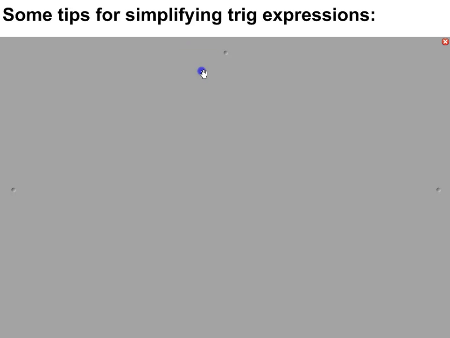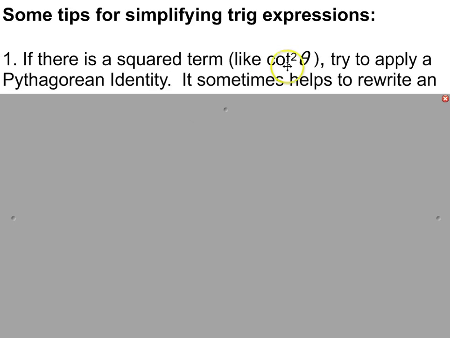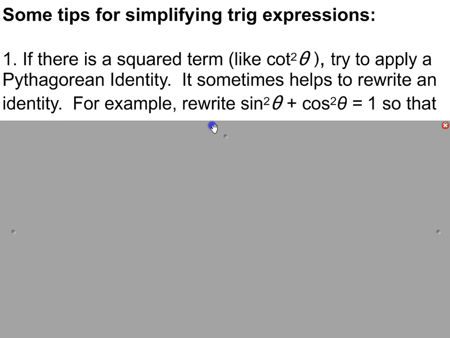First one, if you have a squared term, like say cotangent squared theta, you should think about using a Pythagorean identity. I'll give you some examples of this, but just write this in your notes. In other words, if you see a square, look to your Pythagorean identities. Make that your first inclination.